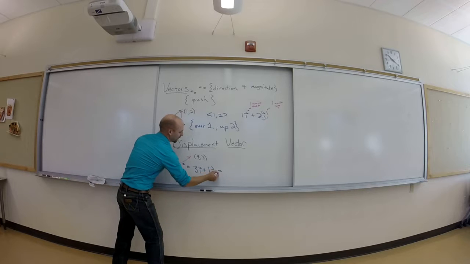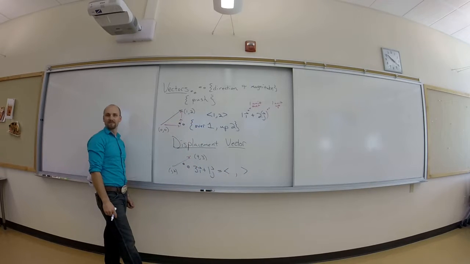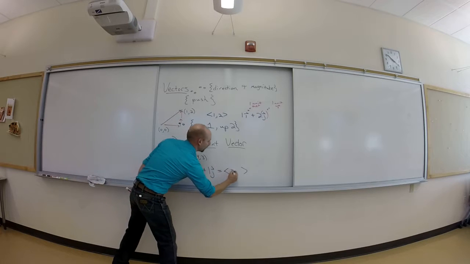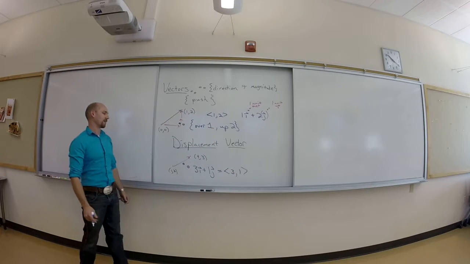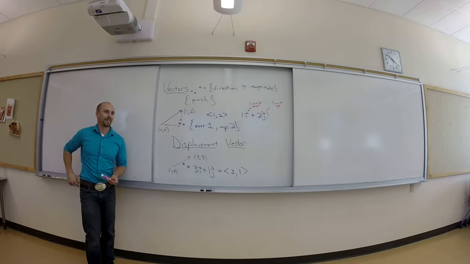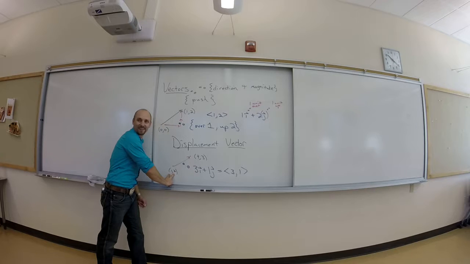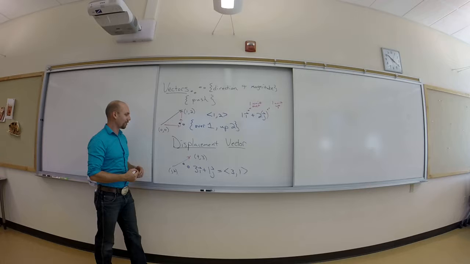How else could you write this? With pointy brackets? 3, 1. How did you guys get to 3, 1? What did you do? Yeah, you went here and then subtracted those, right? So please note, what's the one thing you need to remember about displacement vectors?